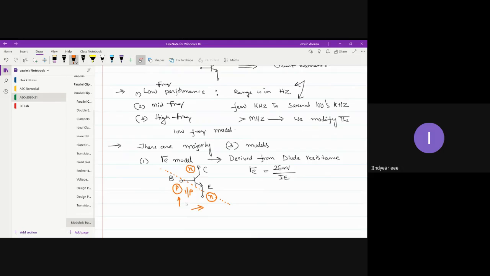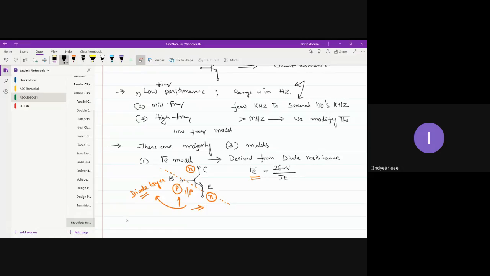So this PN junction basically talks about the diode layer. So you can say that there is a kind of inbuilt diode effect inside a transistor. That diode layer gives the effective resistance re, and the model based on this effective resistance re is called the re model. So that's the meaning of re model.